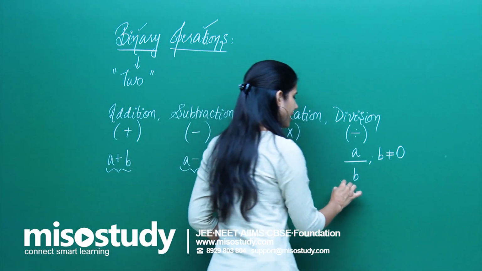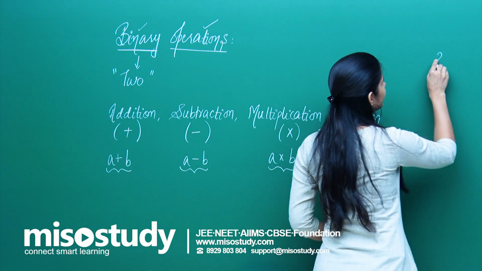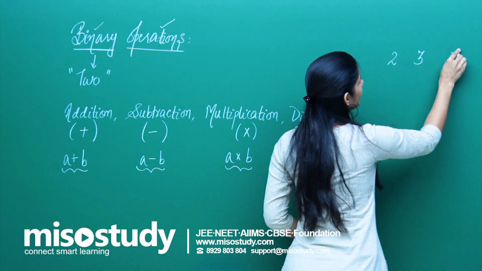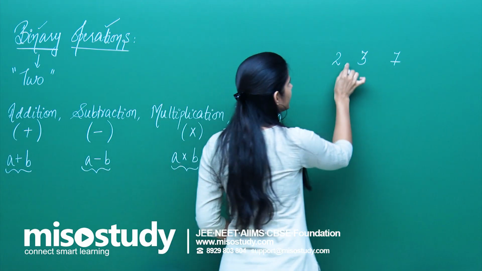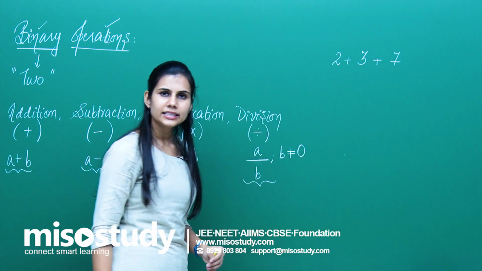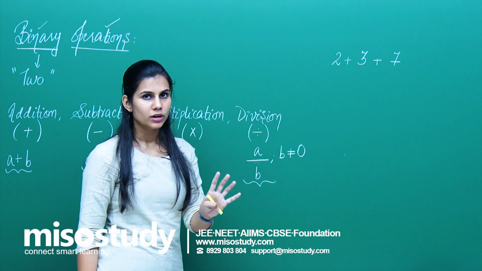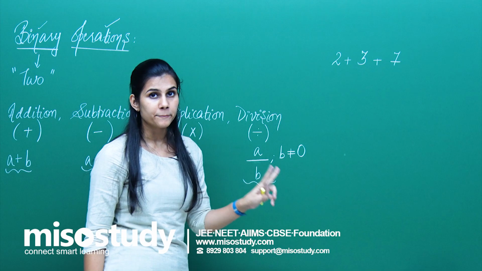So what I am trying to say is that suppose I give you the task of adding 2, 3 and 7. Can you add these three at one time? No. Addition at one time can act only on two members.